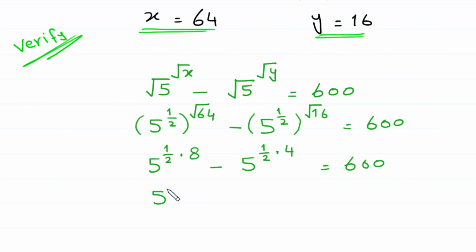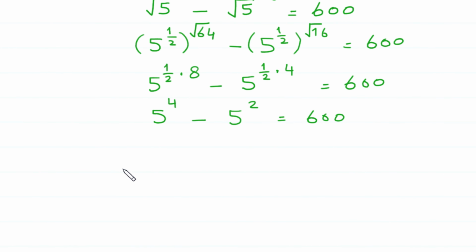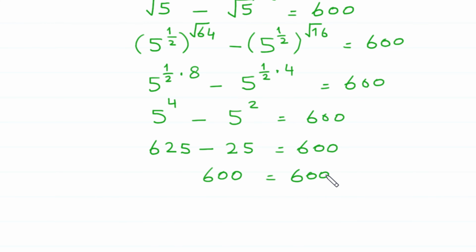Next, 5 to the power 1 over 2 times 8, 4 minus 5 to the power 1 over 2 times 4, 2 is equal to 600. Next, 5 to the power 4 is equal to 625 minus 5 square is equal to 25 is equal to 600. 625 minus 25 is equal to 600 is equal to 600.